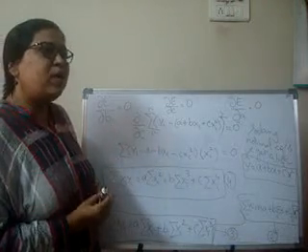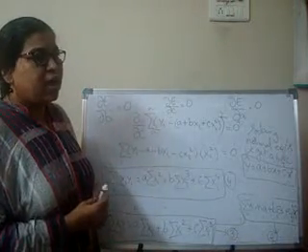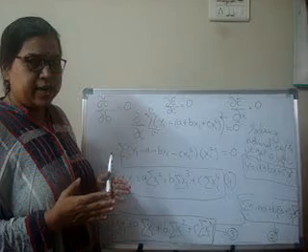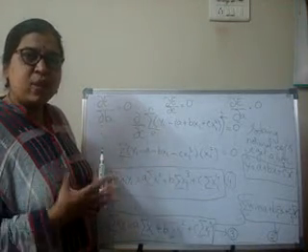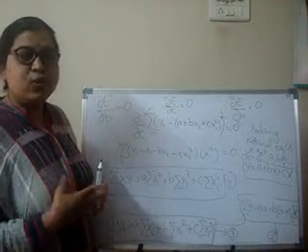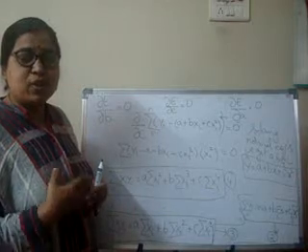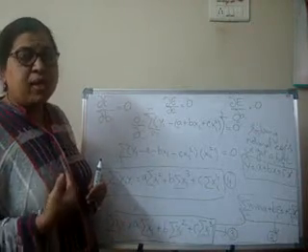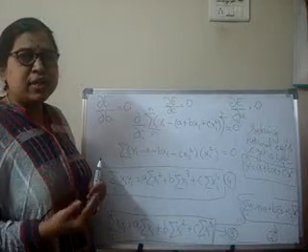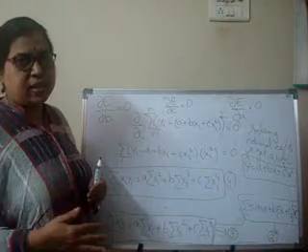What does the principle of least square say? You sum up all the errors and then square them. So that error sum of square we are going to differentiate with respect to a and b in the case of straight line, and with respect to a, b and c in the case of parabola.